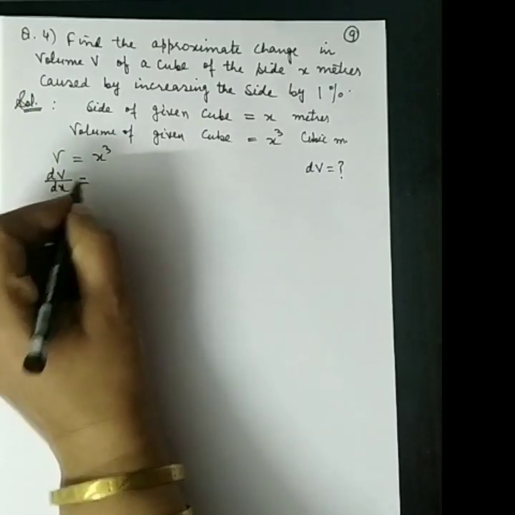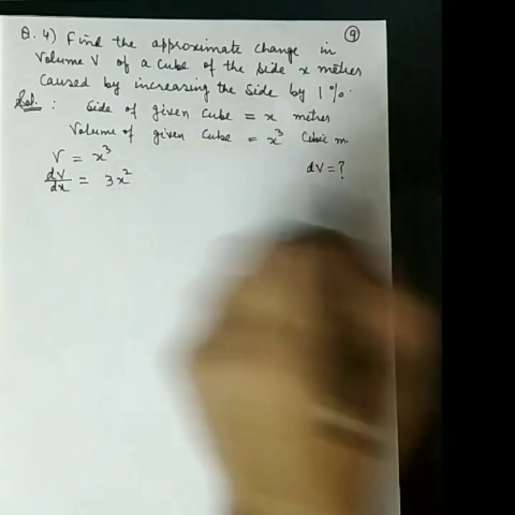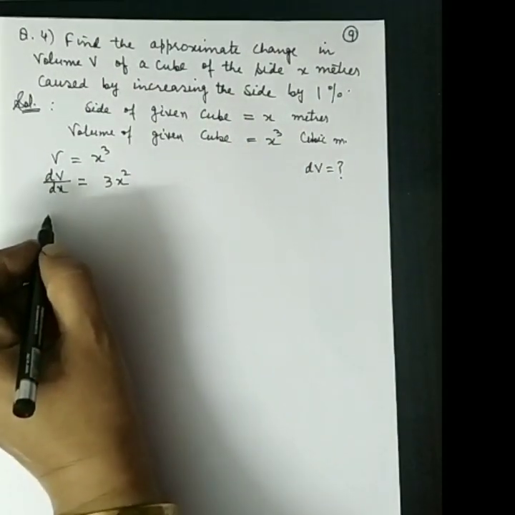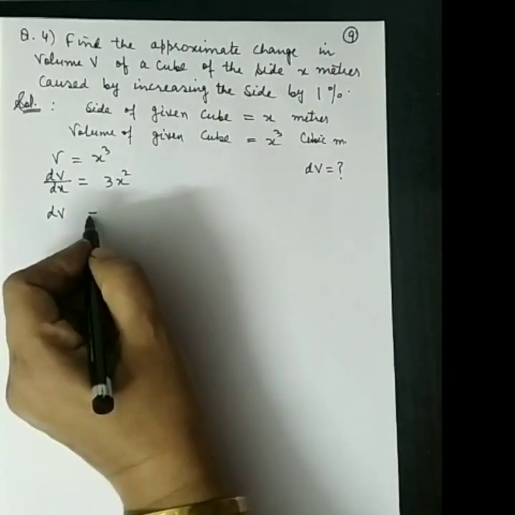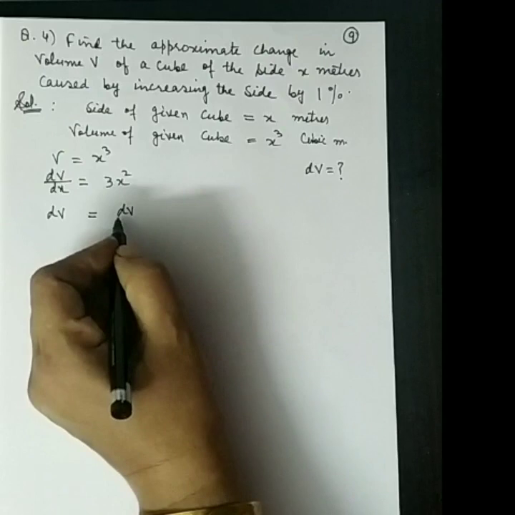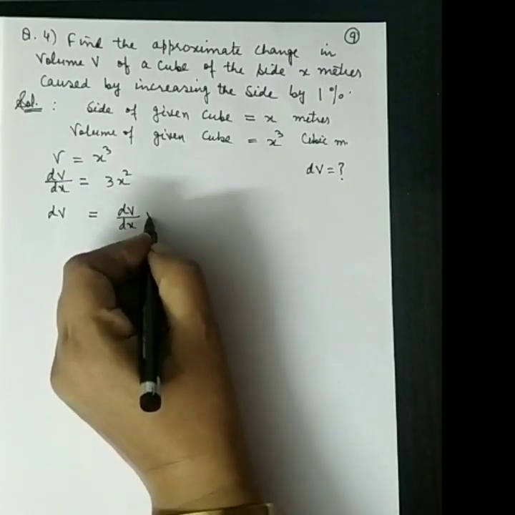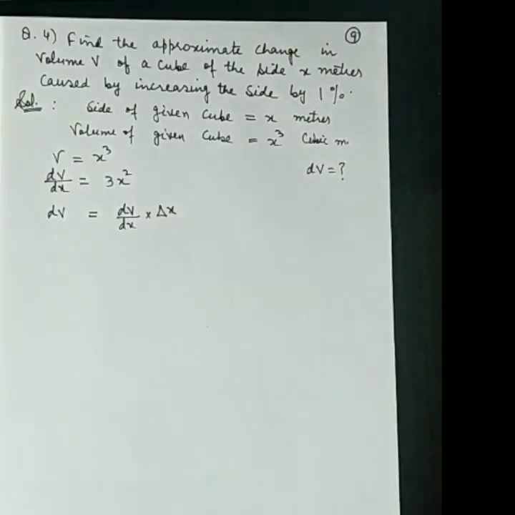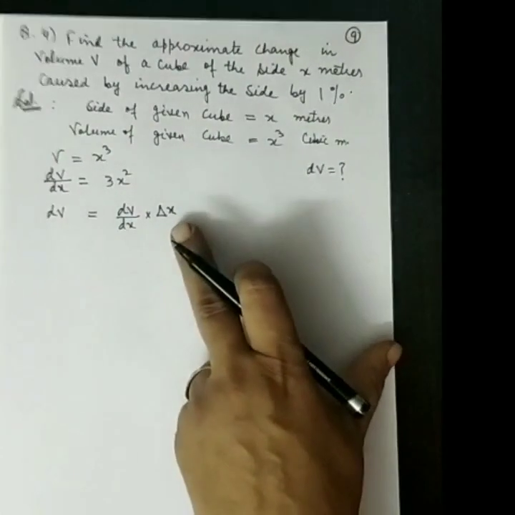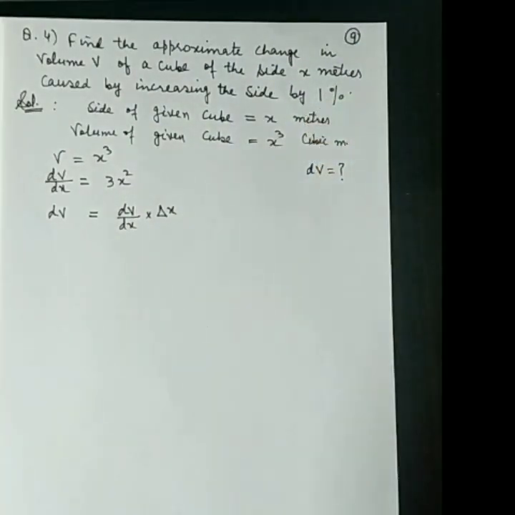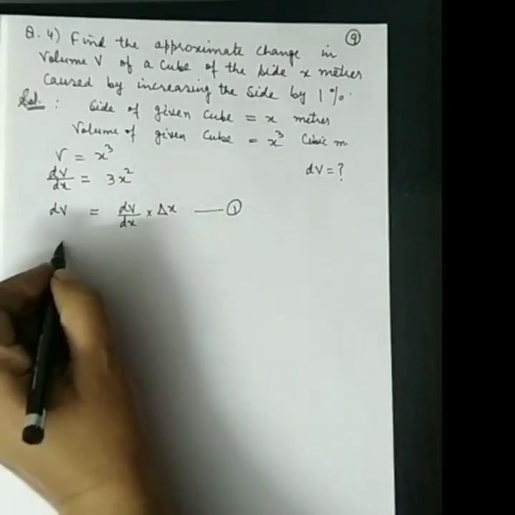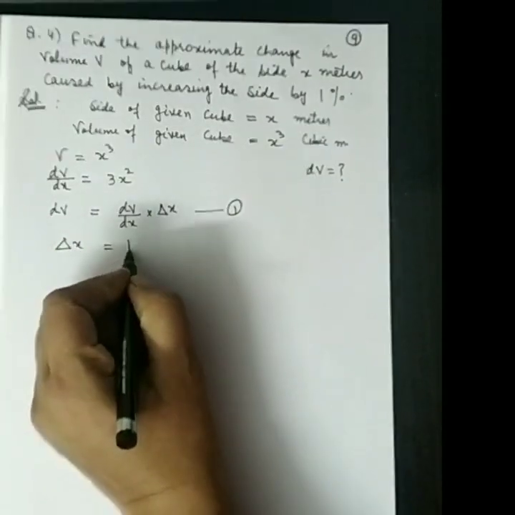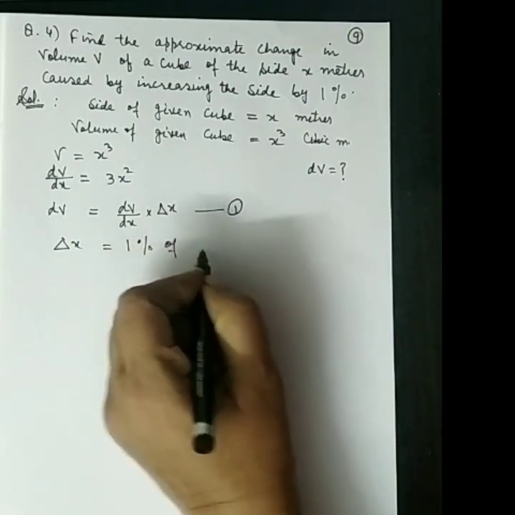Find the derivative. That is 3x square. We have to find the value of dV, that is change in volume. So dV is dV upon dx into delta x. Now what is delta x? Delta x is 1% of side. Let it be number 1. Now delta x, it is given, that is 1% of side of cube.